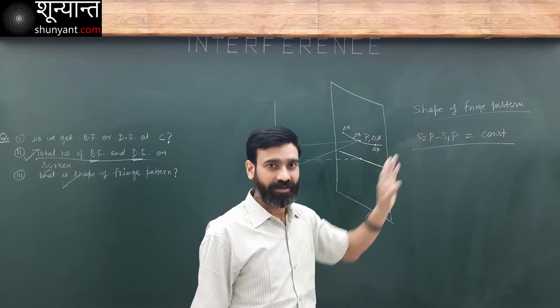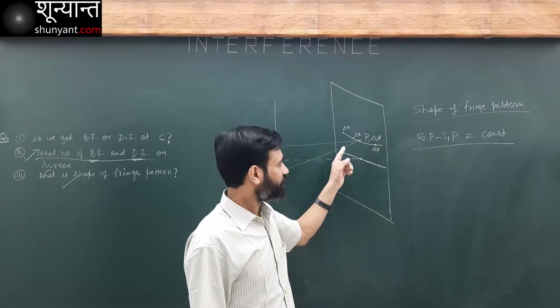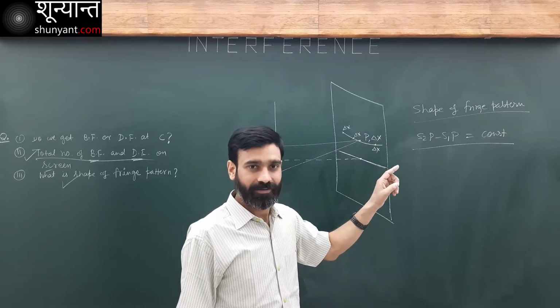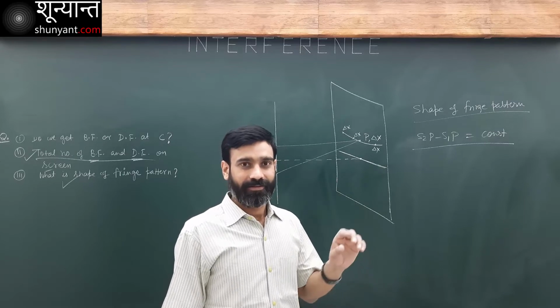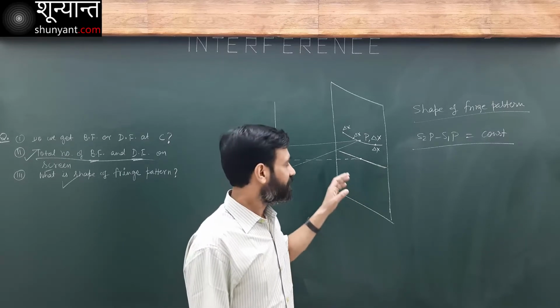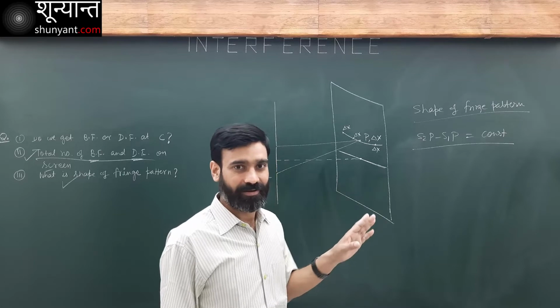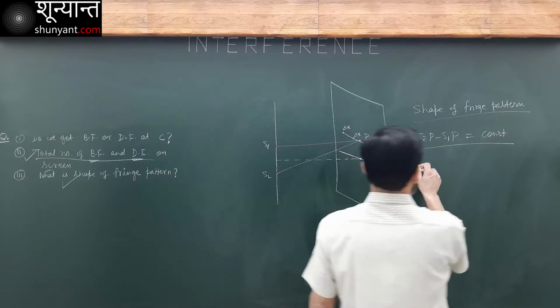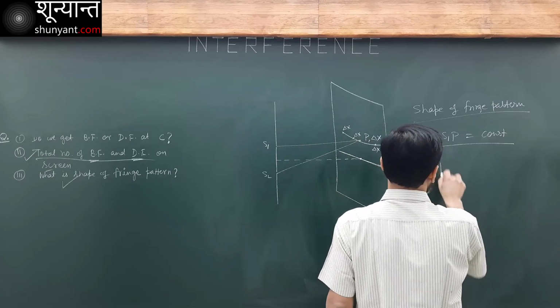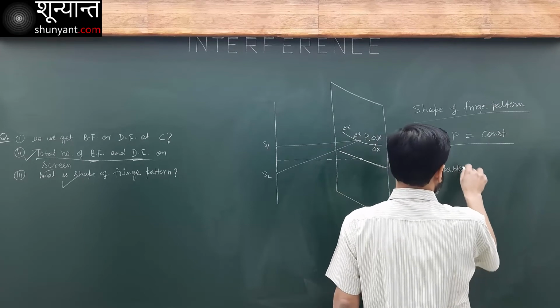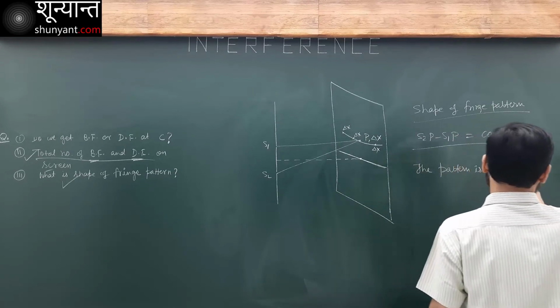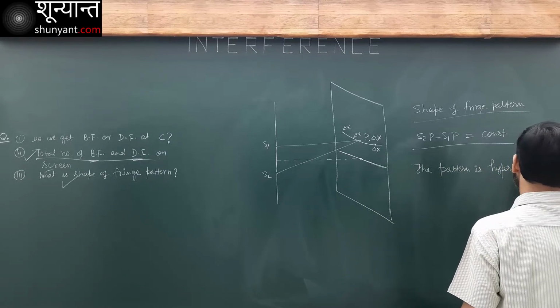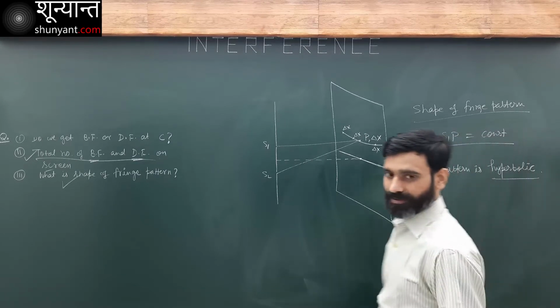That will give us the shape of the fringe pattern. Now, finding the shape of the fringe pattern here is mathematically a little difficult, so we are just going to remember the standard result. The locus, the pattern, is hyperbolic. Why is it hyperbolic?